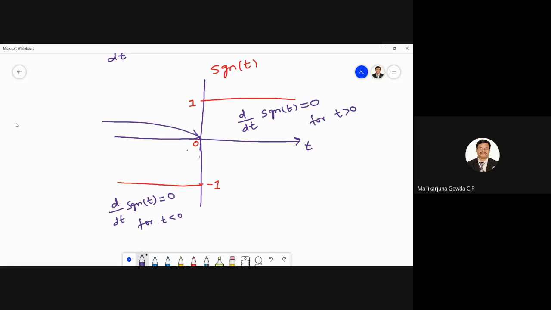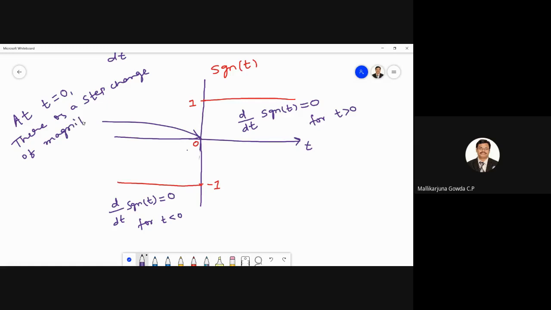So what I can say is at t equal to 0, there is a step change of magnitude.